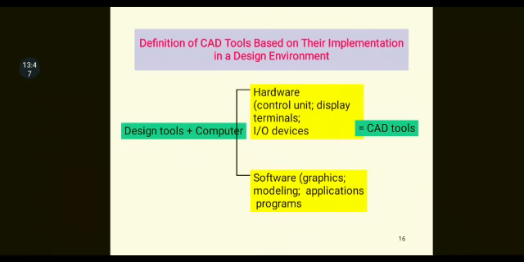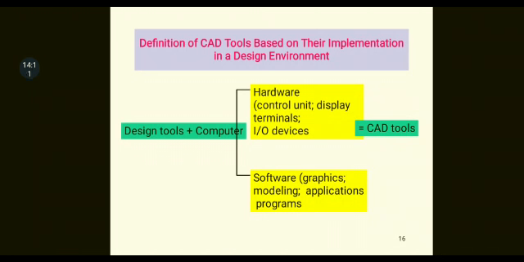Next, definition of CAD tools based on their implementation in the design environment. See, from the left side we see design tools and computers. Okay, each needs to give an end result of CAD tools. So what does the computer contain?